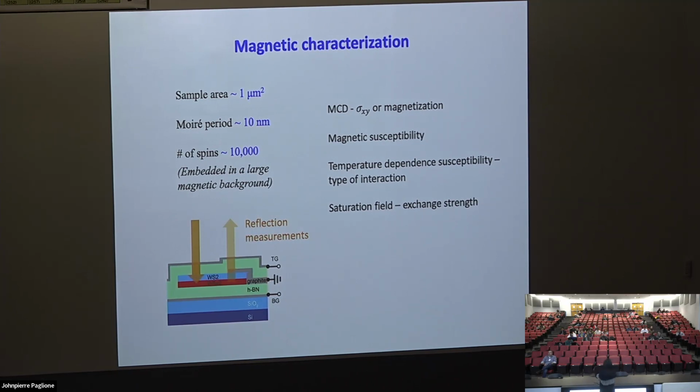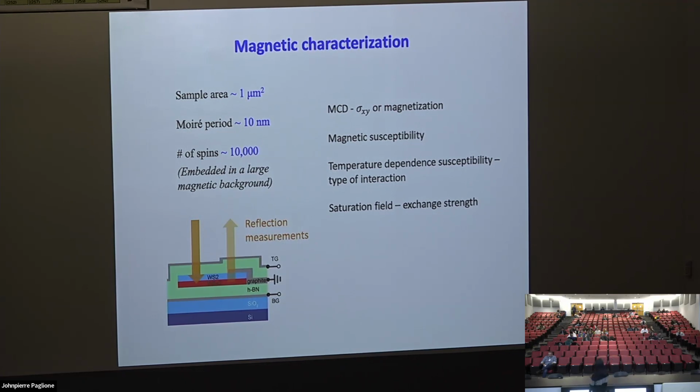You can look at the slope of magnetization as a function of magnetic field to extract susceptibility. If you look at the temperature dependent susceptibility, you can infer the type of interaction between the local moments. And the saturation field gives you an estimate of the exchange interaction strength.